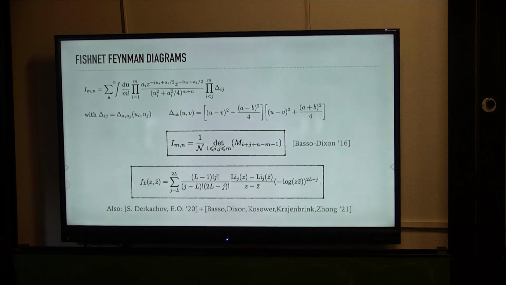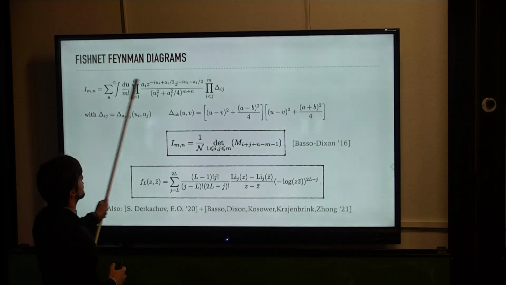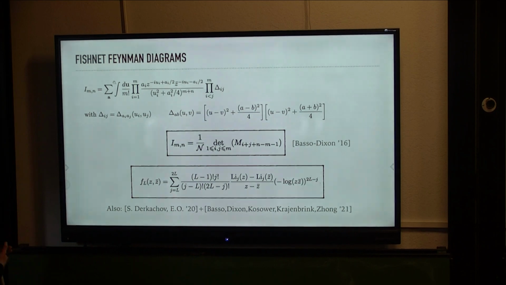This Basso-Dixon integral is a very interesting object. It is a 4-point integral computed at any loops, which is already a very non-trivial thing, but it is in particular computable by means of integrability methods. So integrability, as I will explain, delivers a result of this type.